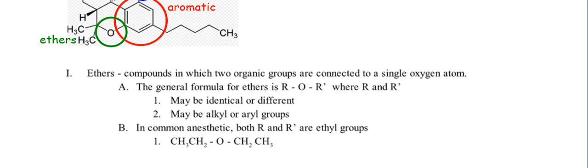They can be regular straight chain carbons, or they could be aromatic groups, like a benzene. And in the common anesthetic that knocks you out, they're both ethyl groups. You may have heard that back in Civil War times, this is what they were using to knock people out and put them to sleep before surgery.